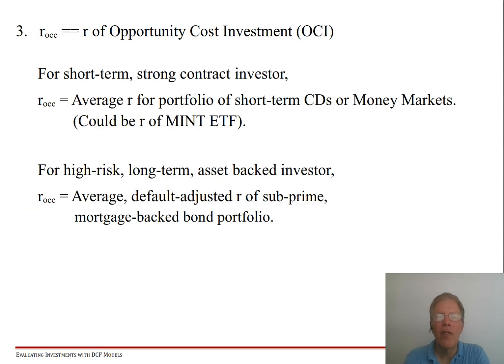Okay. All right, so third and final thing we have to do to get our opportunity cost of capital is notice that the opportunity cost of capital, a good way to define it and explain it would be that it's just the discount rate or the interest rate of our opportunity cost investment, right?